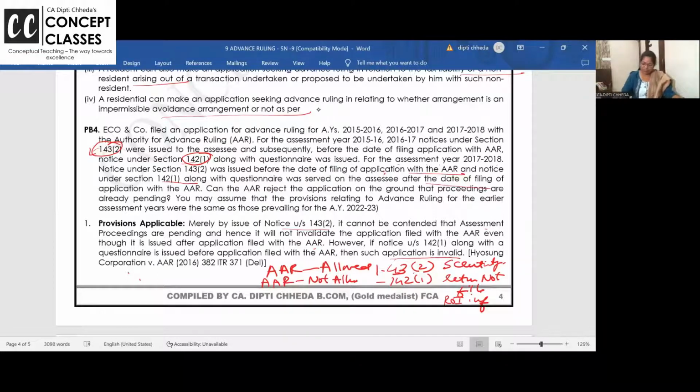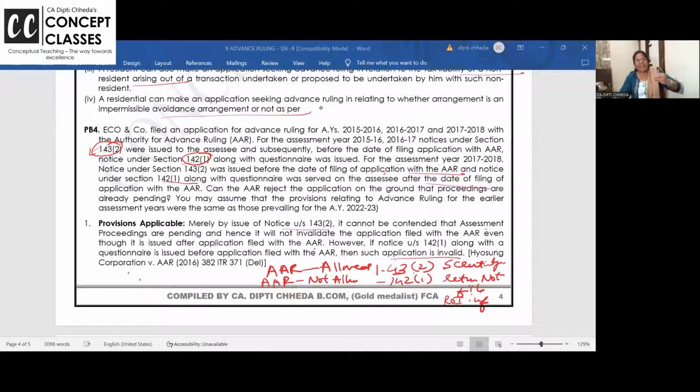Go for AAR, finish that, and obtain what tax liability will arise. But if they are calling for more information, you cannot stop and go to AAR. For 142(1) you have to respond. If you don't respond to the information sought under 142(1), they will do best judgment assessment under 144. Clear?